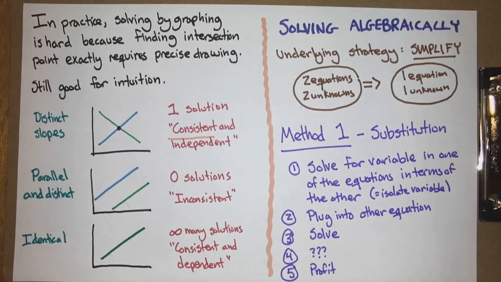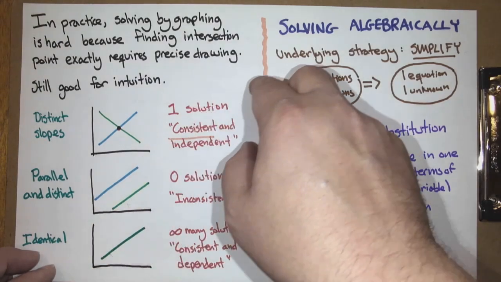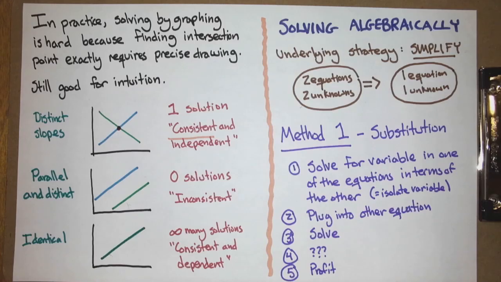If you have parallel lines, same slope, but they're distinct lines, so maybe they have different y-intercepts, for example. What's going on? Well, these lines will just run on a pair of tracks forever. There's no intersection, which means in terms of the solutions, there's no solution.